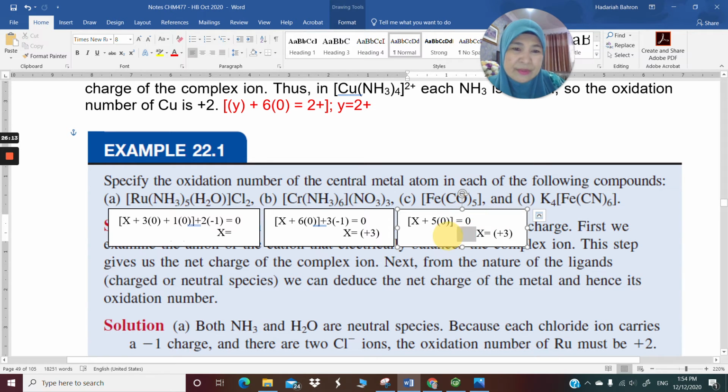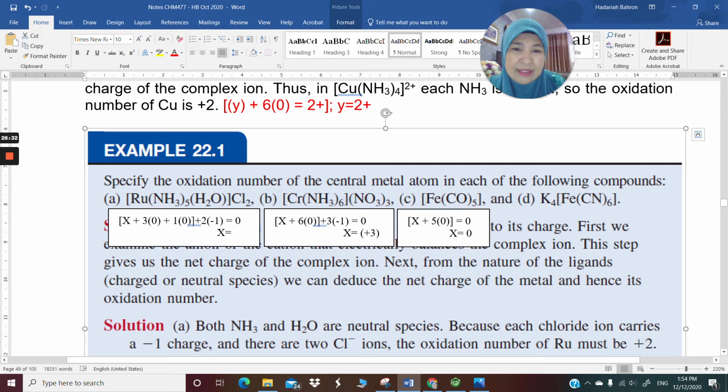So X is equal to, very simple, X is equal to 0 in the case of C. That means your iron has no charge. Simple as that.